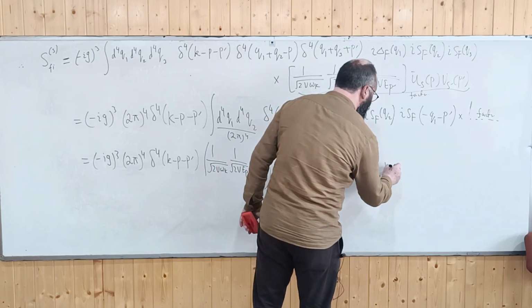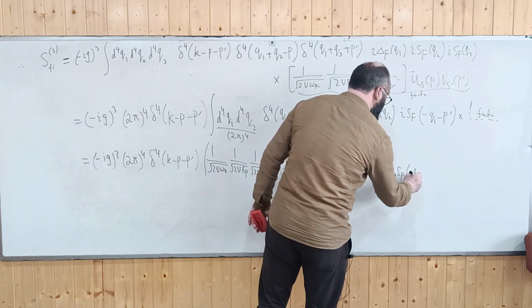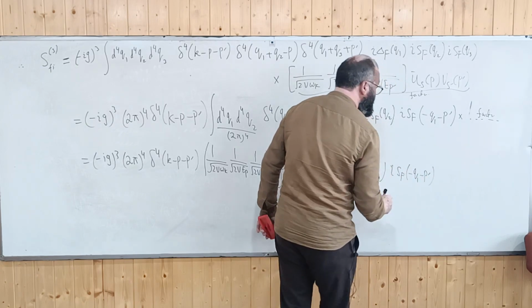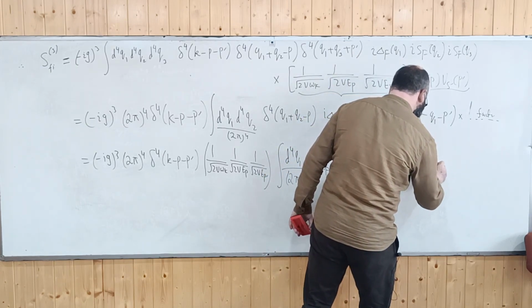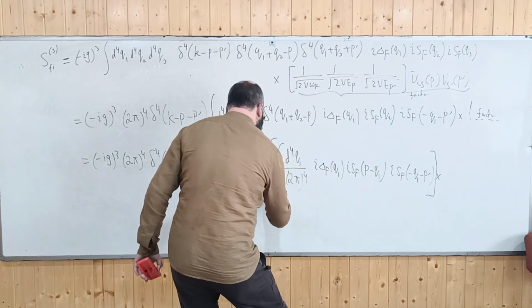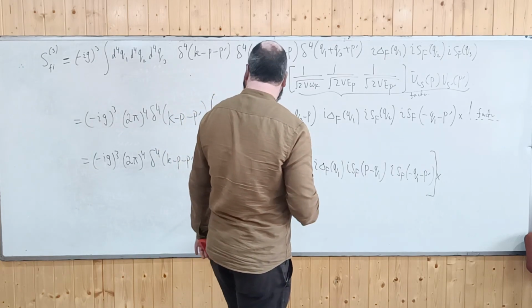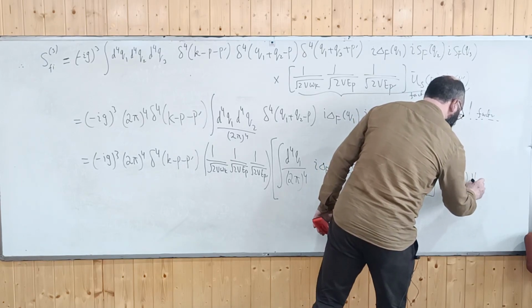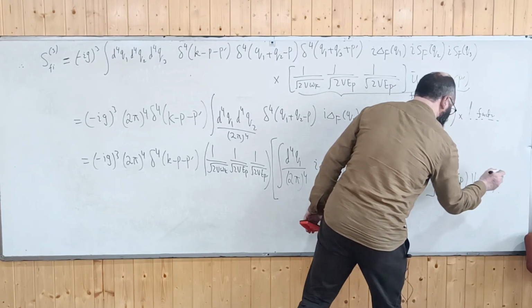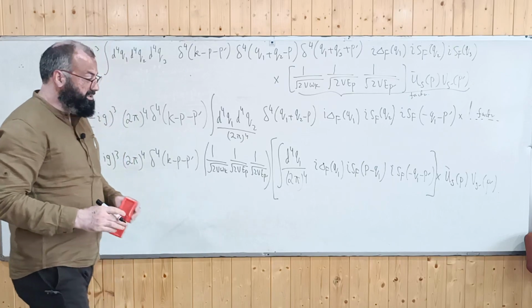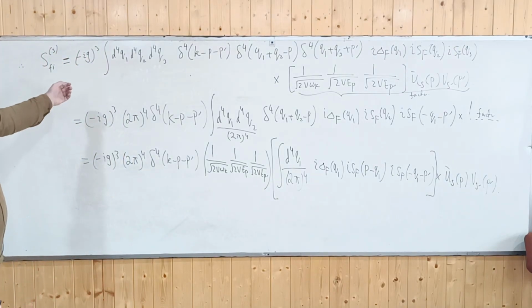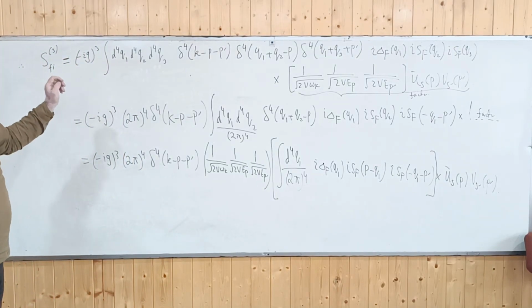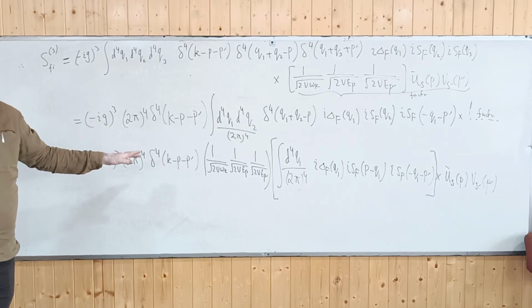Then you are having the propagator with q1 minus p prime, multiplied by this u bar s p v s prime. Clear? So this is our scattering matrix element for our loop diagram.